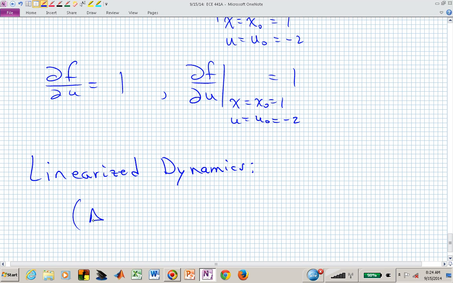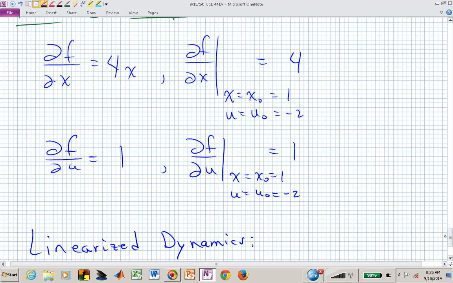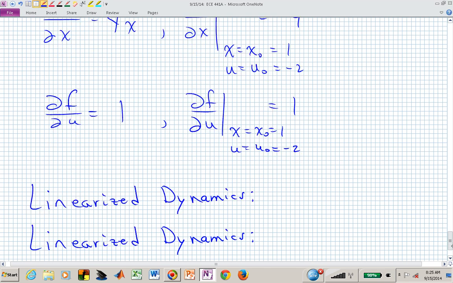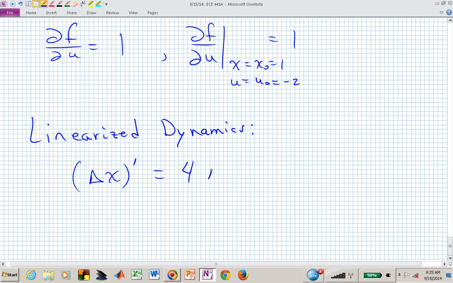Meaning now we have the behavior, the time rate of change of a small variation in x, delta x dt, is equal to the partial of f with respect to x evaluated at the point, which is just 4, times delta x plus partial of f with respect to u, delta u.